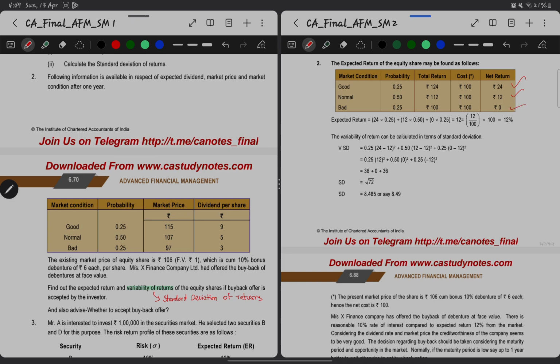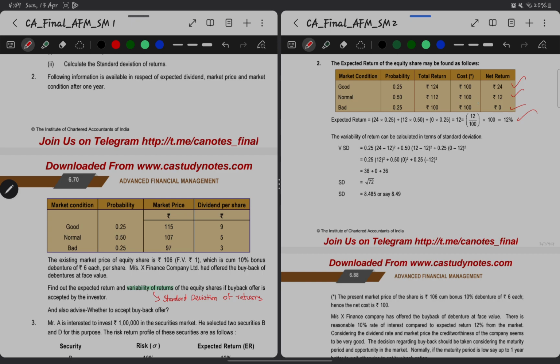So the expected return will be nothing but the net return multiplied by the probability divided by the cost, which is 100. Ideally we should get this return by considering the percentage.